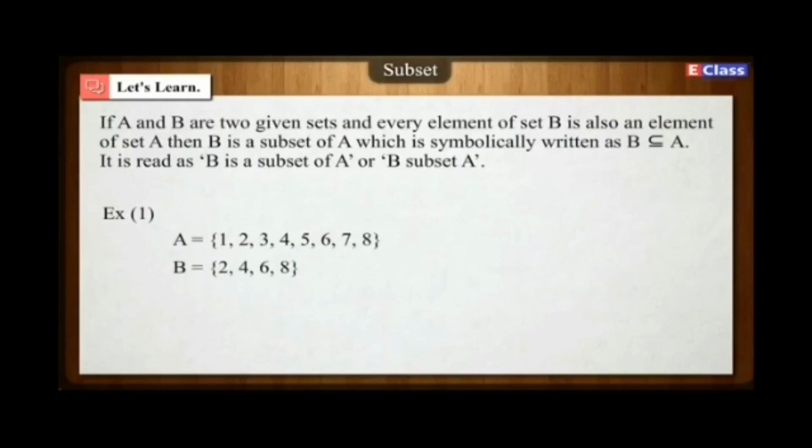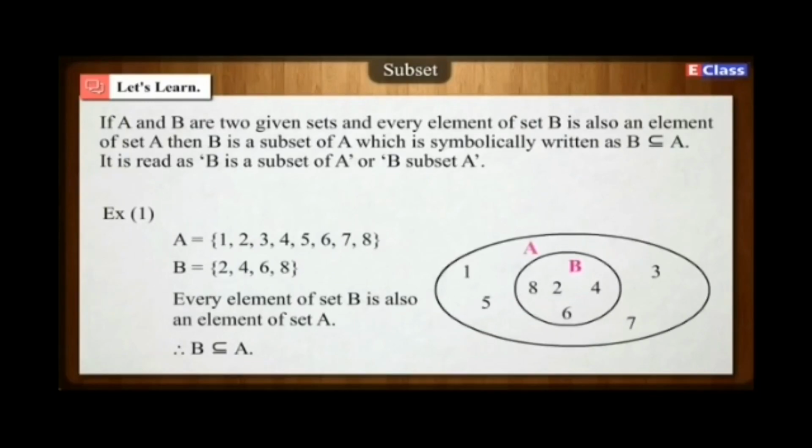Now if you observe, all the elements of set B are there in set A. So every element of set B is also an element of set A. Therefore, B is a subset of A. And we can show it like this with the Venn diagram.